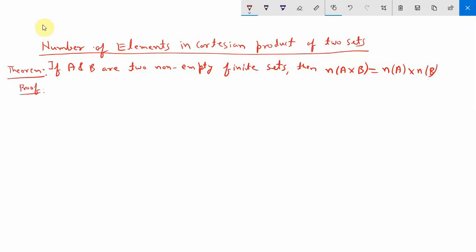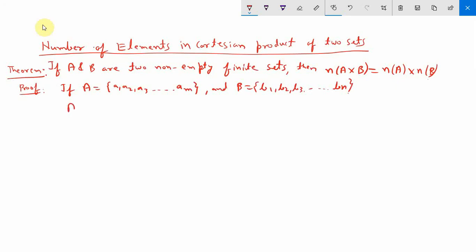So if set A equal to {a1, a2, a3 up to, let it be, am}, and set B is equal to {b1, b2, b3, and so on. Let the last element be bn}. Okay. So set A has m elements and set B has n elements.